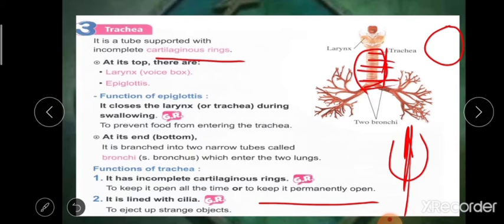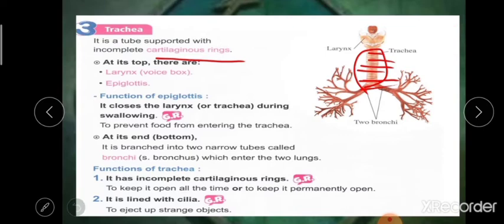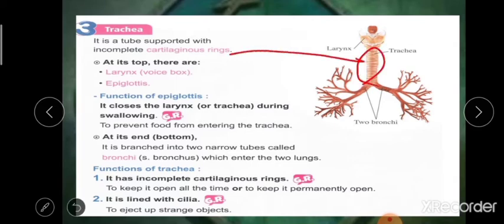So these are incomplete cartilaginous rings, to keep the trachea open all the time. So first, the trachea is supported with incomplete cartilaginous rings to keep it permanently open.